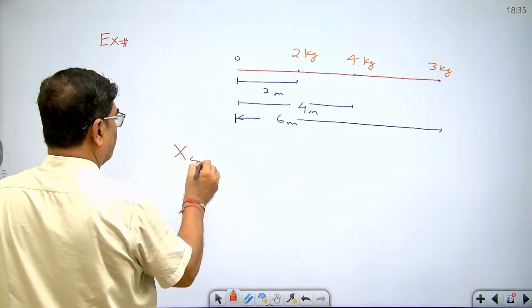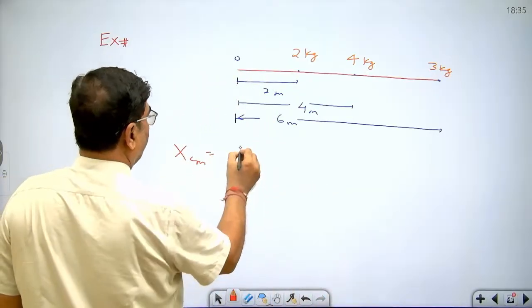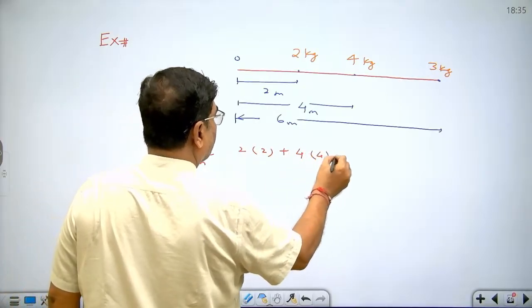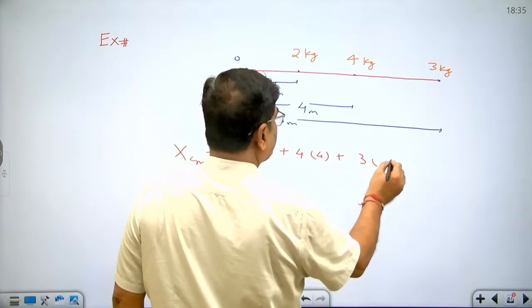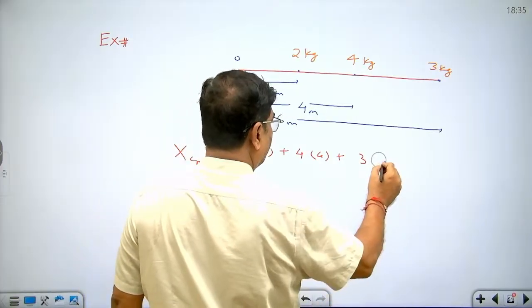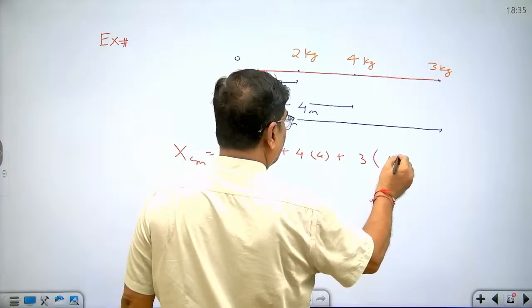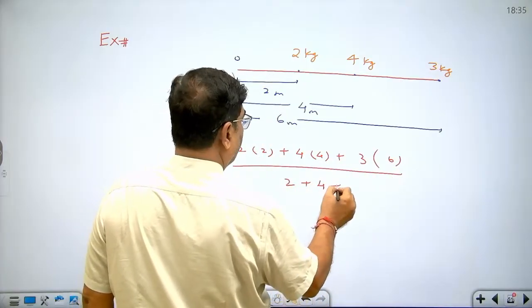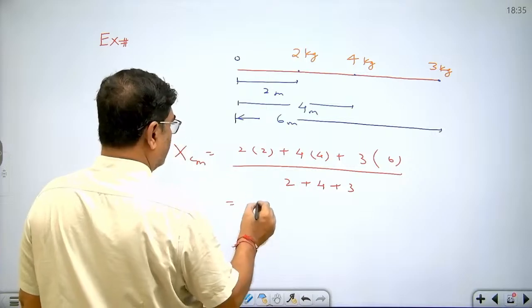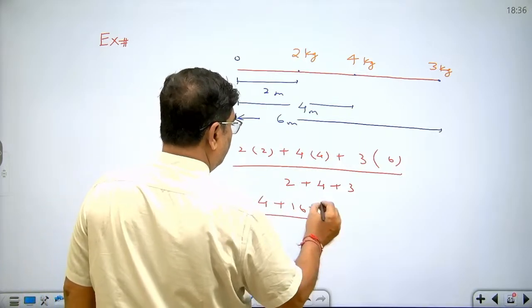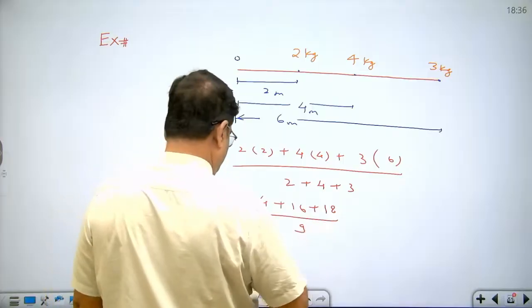In this question, m1 x1 and the others are all positive. Okay, m1 x1 plus m2 x2 plus m3 x3, divided by m1 plus m2 plus m3. After solving this, this will be 4, this is 16, and this is 18, this is 9.